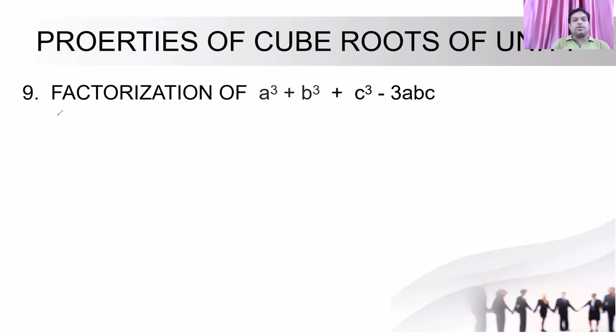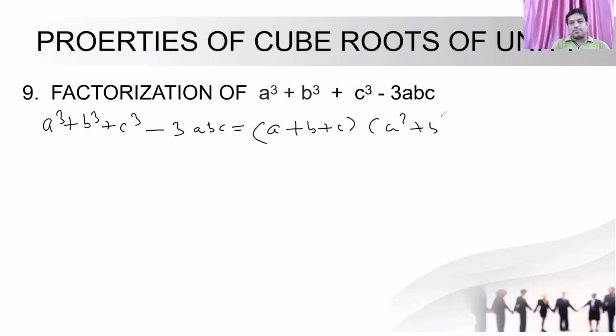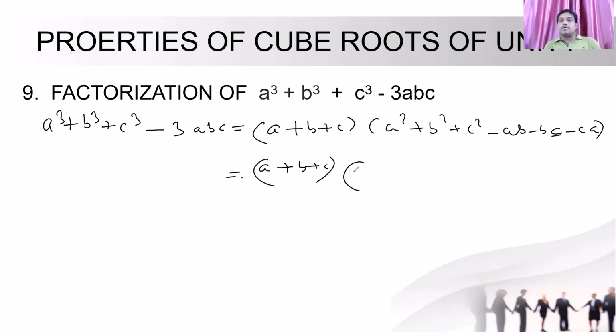So we know a cube plus b cube plus c cube minus 3abc. Its formula is (a plus b plus c) into (a square plus b square plus c square minus ab minus bc minus ca), which is equal to (a plus b plus c) into (a plus b omega plus c omega square) and (a plus b omega square plus c omega), alternatively you can write.